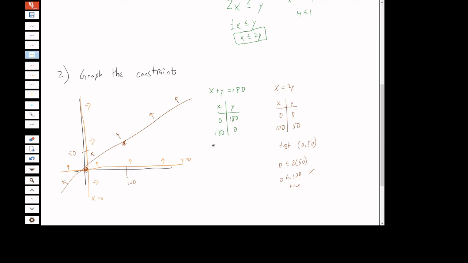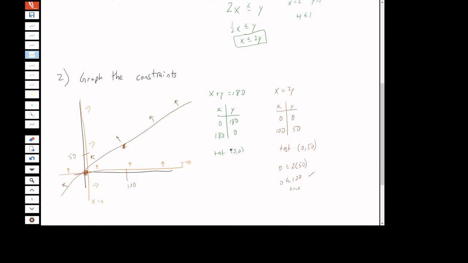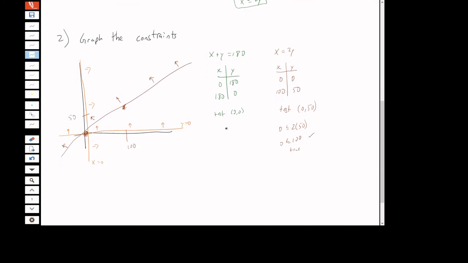Okay, and for my green line, I can test 0, 0. This is x plus y less than or equal to 180, and that's true. Okay, so I go to graph it. I have 0, 180. I have 180, 0.